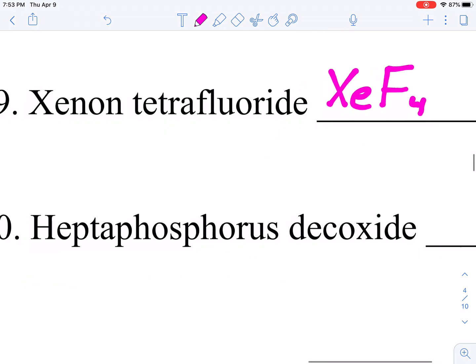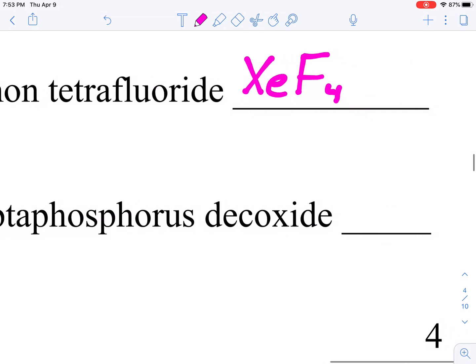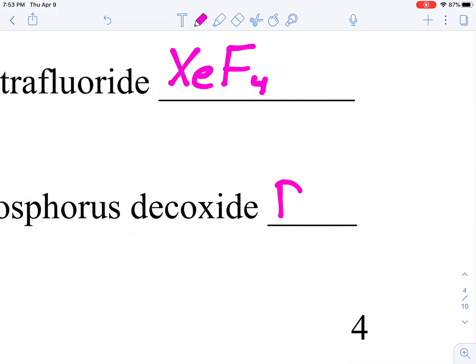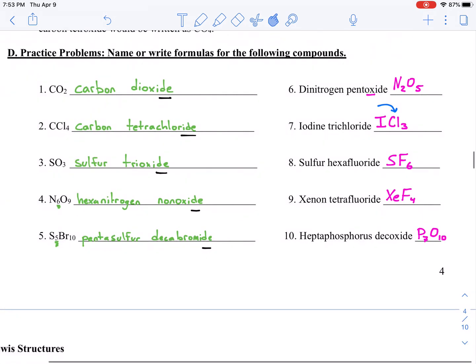And finally, heptaphosphorus decoxide. Well, hepta means 7, so we have 7 of those phosphorus atoms. And decoxide, oxide means oxygen, and there are 10 of those. So there is your covalent naming and our practice problems. We will have a whole unit devoted to ionic naming coming up next.